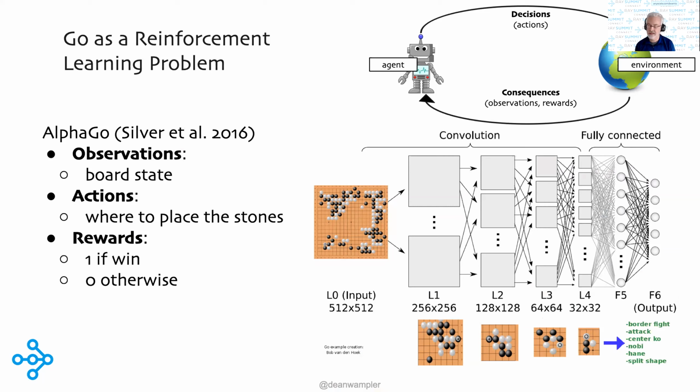But usually it's not scored that way. It's just win or loss is how it's scored. And that's what we're trying to optimize. And then there's this neural network that they use. Conceptually, it's shown here, where convolutions are used to map particular arrangements of stones that represent strategically advantageous configurations.